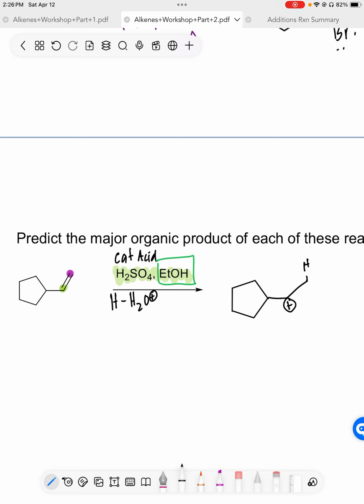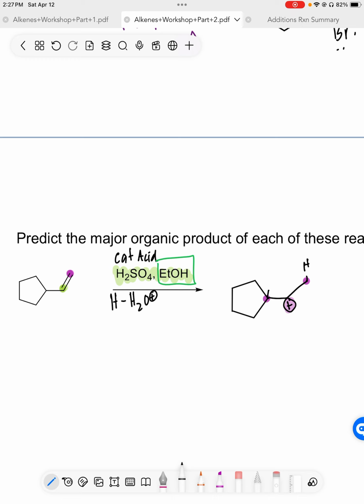And now we need to assess the two carbons that carbocation is attached to and whether or not we can do any shifting to make it more stable. So we want this to be on the most substituted carbon it can be on. So we know it's not going to go here because that's less substituted. Can it go here? So we have to look at, are there any hydrogens attached to this carbon or any methyl groups that we can move around?